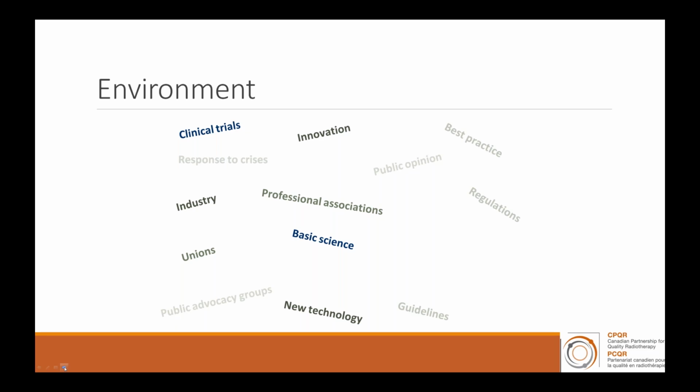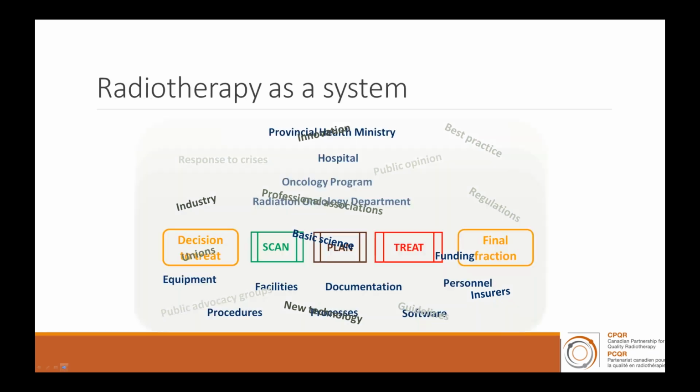Sometimes we're forced to respond to public advocacy groups or public opinion, newspaper headlines, or even responses to crises. We also try to look out for best practice, follow appropriate regulations as required by law, and pay attention to guidelines for how we treat our patients.